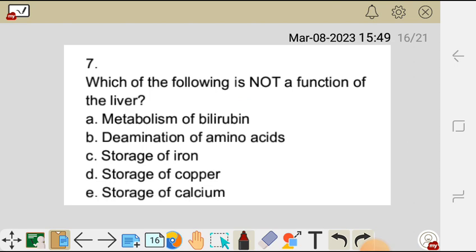A, metabolism of bilirubin, B, deamination of amino acids, C, storage of iron, D, storage of copper, and E, storage of calcium. E, storage of calcium, is not a function of the liver. Instead, calcium is stored in the bones. So the correct answer is E.